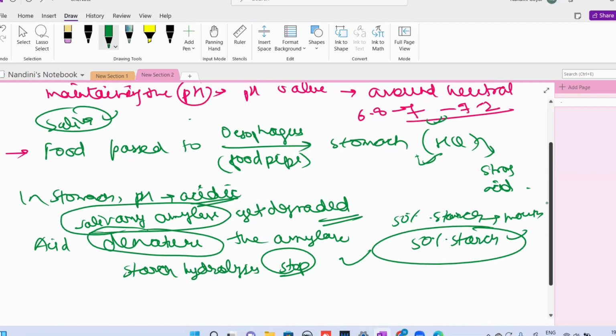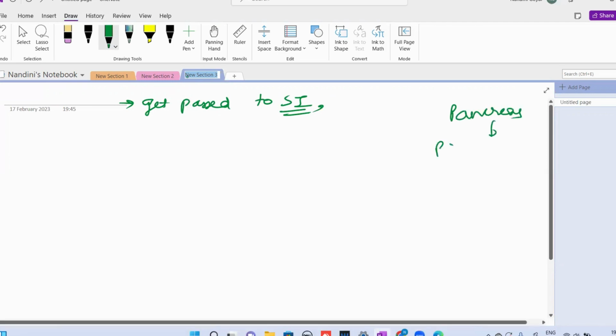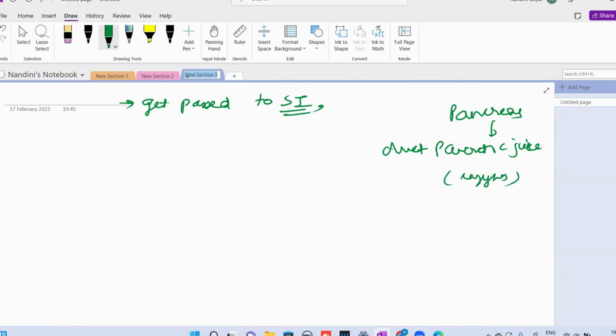So here the role of the stomach has been completed. What will happen now? Food gets passed to the small intestine. I told you the pancreas, which is a gland, secretes pancreatic juice, and by a duct these juices, which are basically enzymes, go to the small intestine.